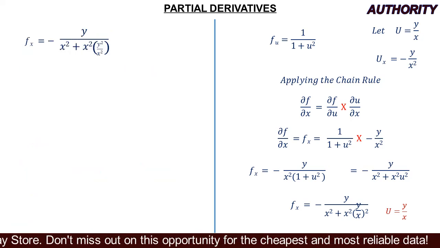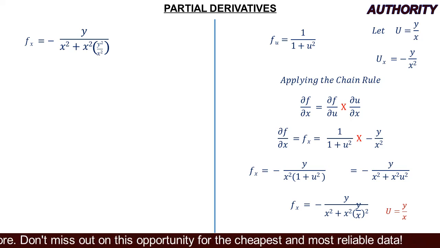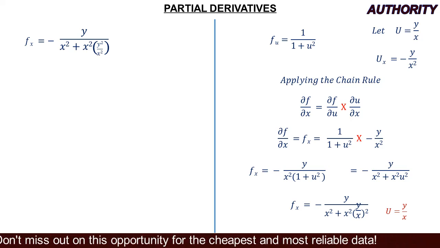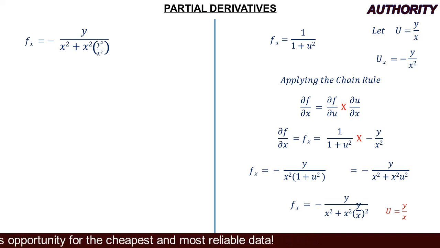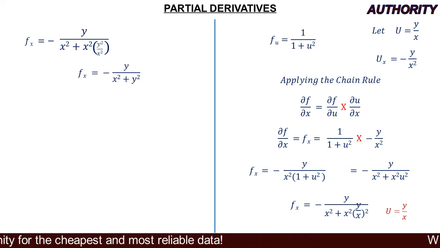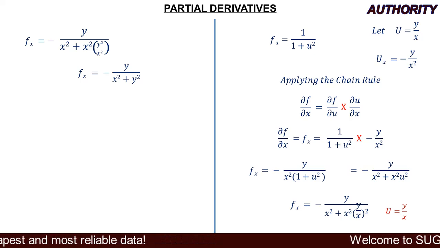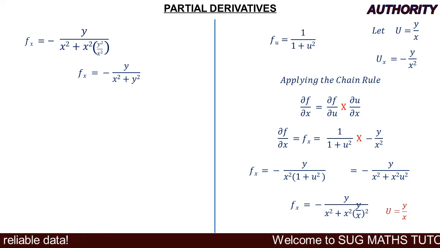We have minus y all over x squared plus x squared open bracket y squared all over x squared. Look at it here. This x squared outside this bracket, we cancel the x squared in the denominator, right? It's going to go. So when we cancel out, we are going to have that the partial derivative of f with respect to x is equal to minus y all over x squared plus y squared, right?